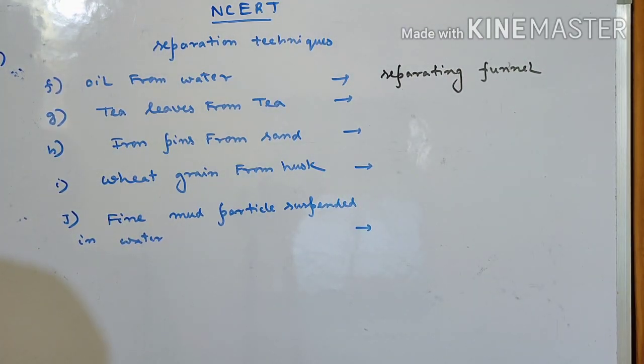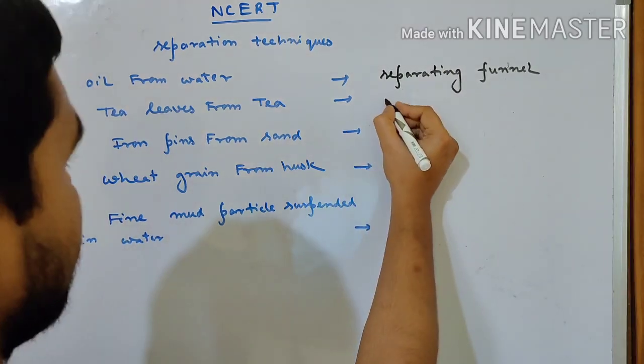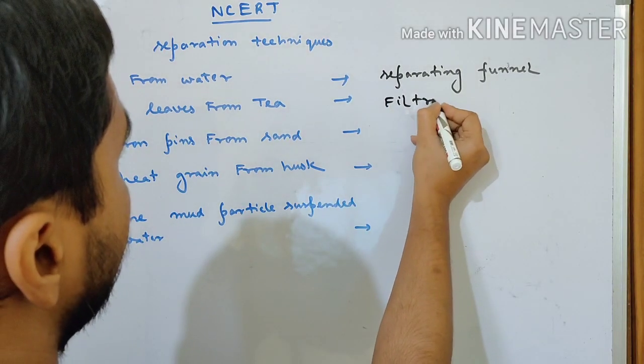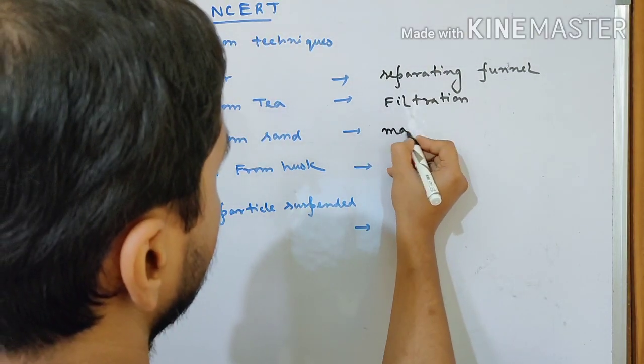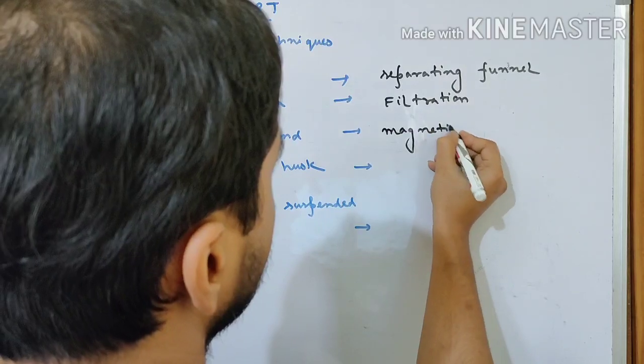Then we have the question number G, that is tea leaves from tea. I think it is very easy. Filtration, simple filtration method we can use. Iron pins from sand. Obviously iron pins will be attracted by magnets, so magnetic separation will be the way.